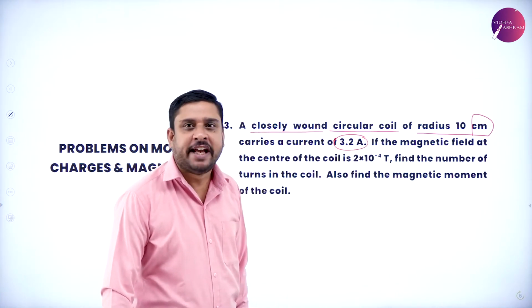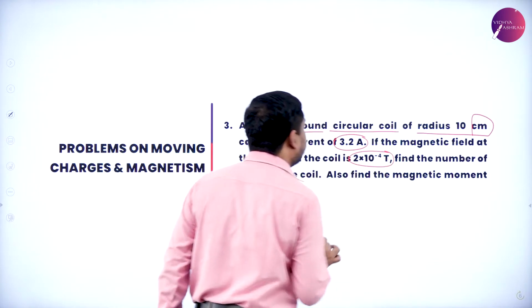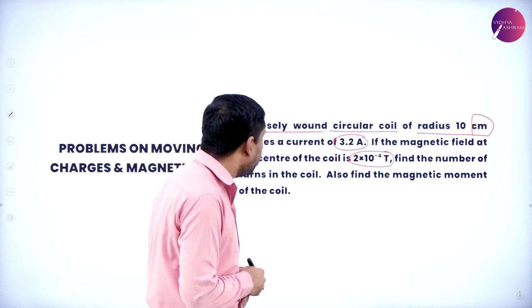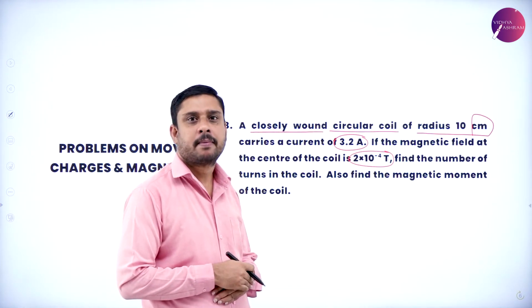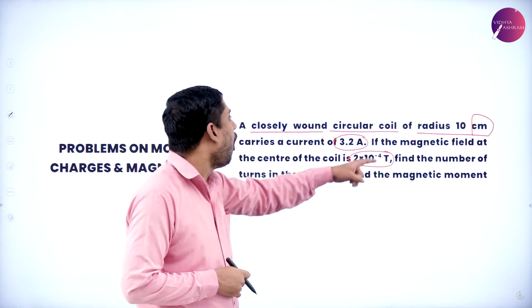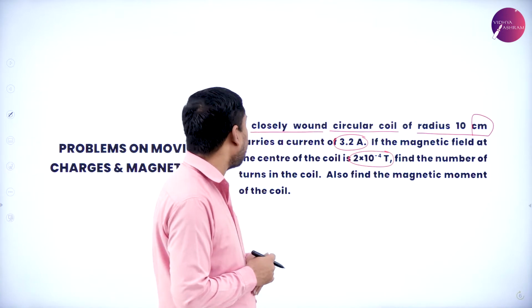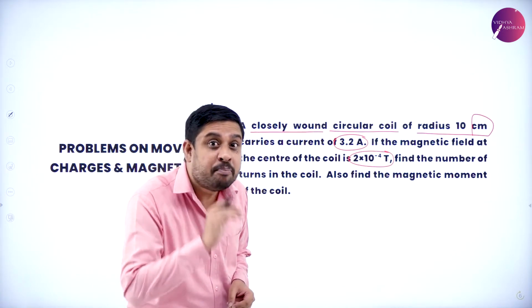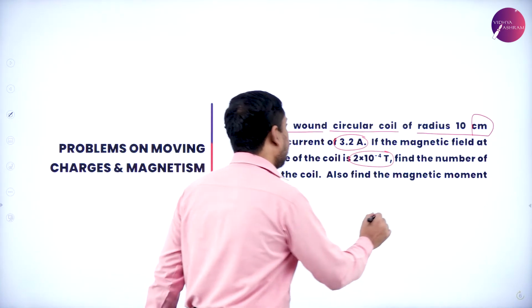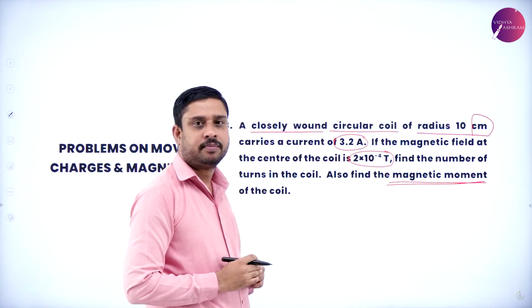If the magnetic field at the center of the coil is 2 into 10 power minus 4 Tesla, find the number of turns in the coil, and as usual, again find the magnetic moment of the coil.